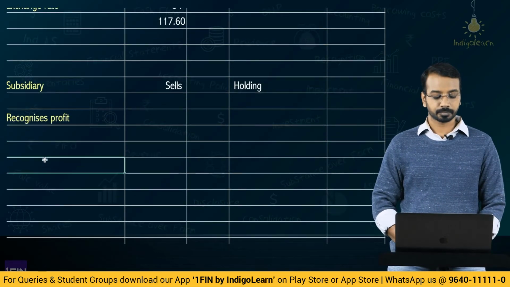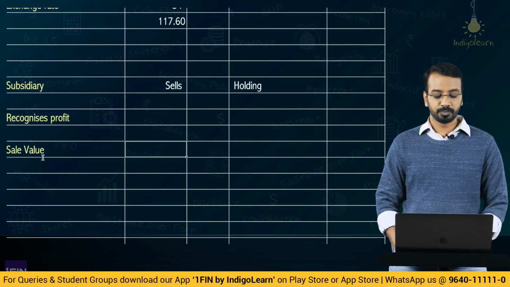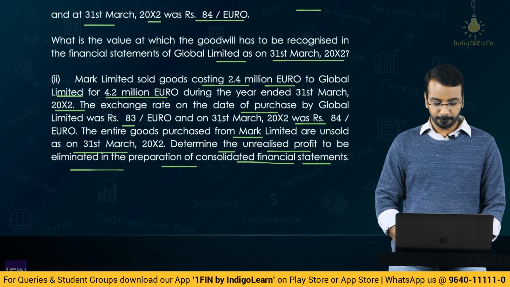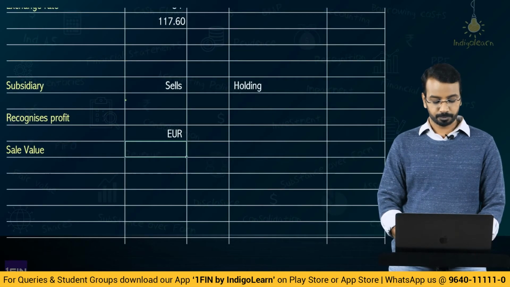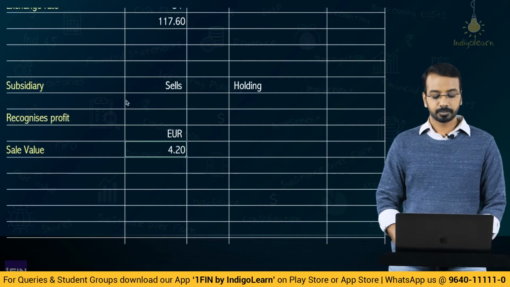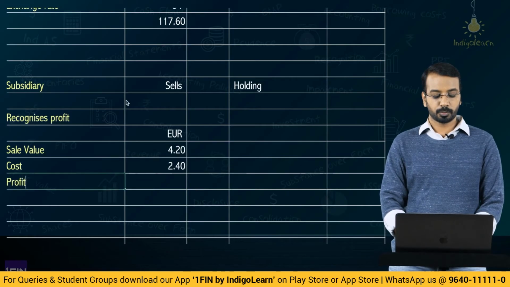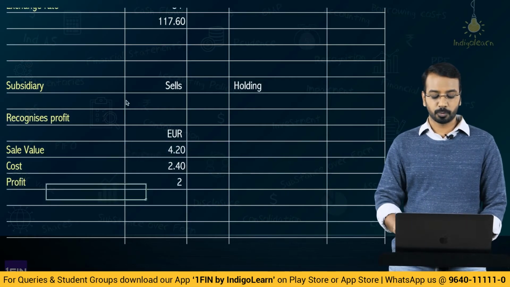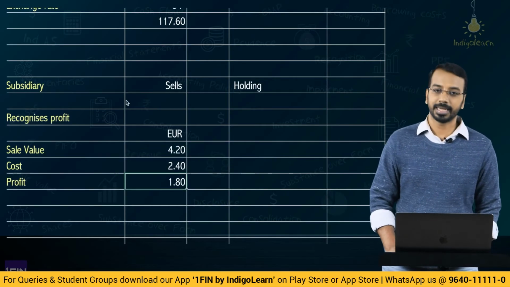Okay. So, sale value in euro is given to be how much? 4.2. Okay. And cost is given to be 2.4. So, profit is 4.2 minus 2.4 which is 1.8.